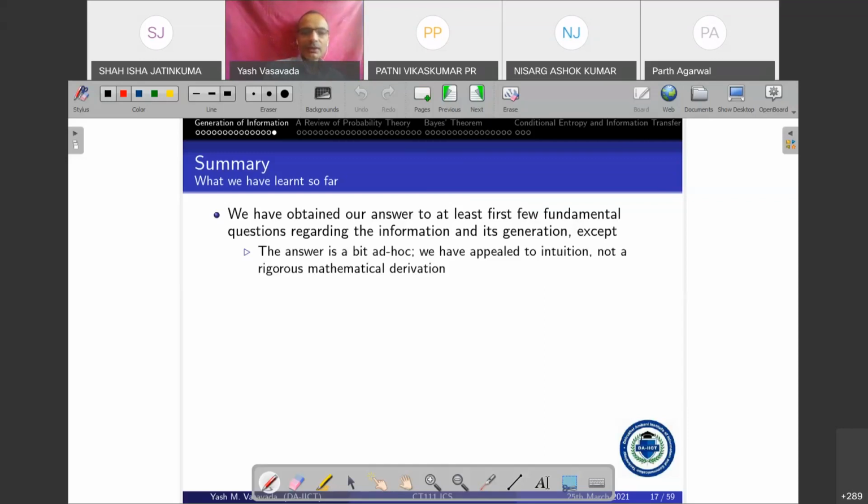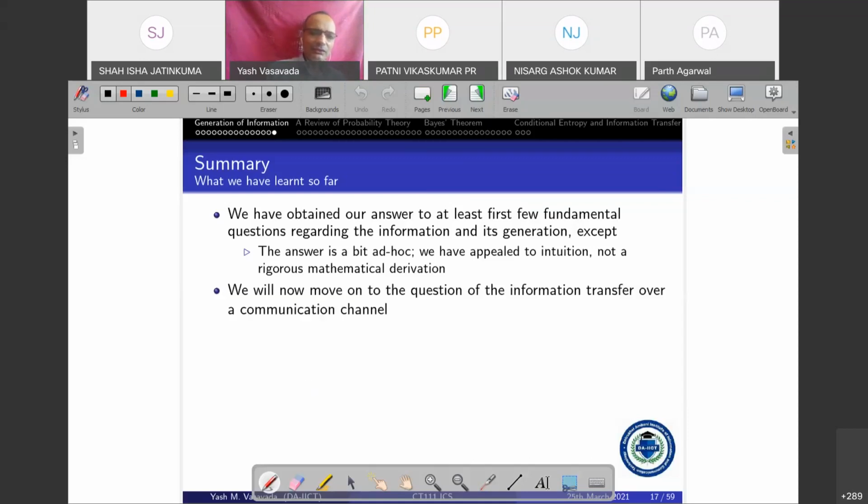So anyways, we have looked at what information is. We looked at the mathematical formulation and all. But you see, we just appealed to the intuition. We didn't prove why information measurement in terms of negative log base 2 of probability is mathematically justified. But that is what Shannon did in his paper.